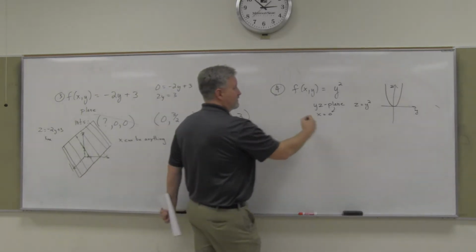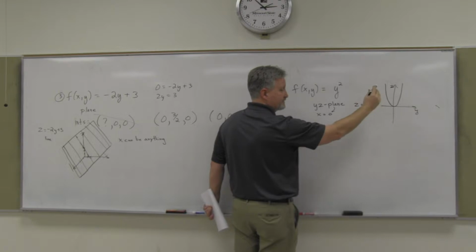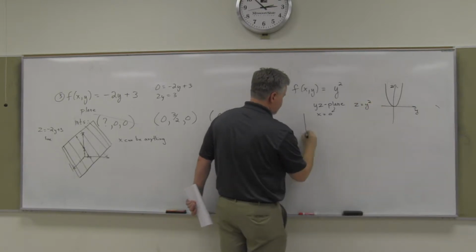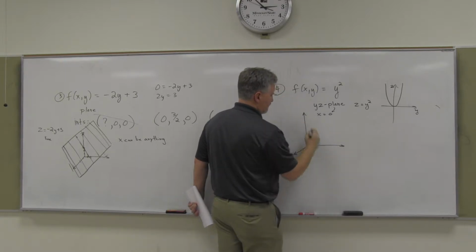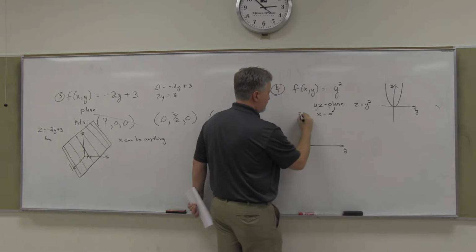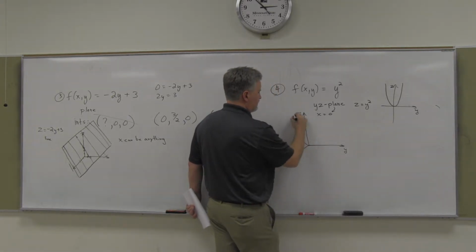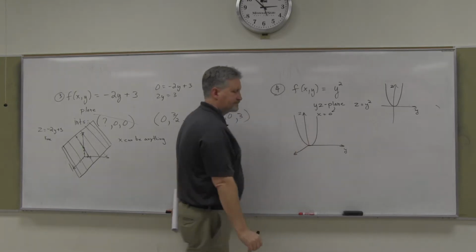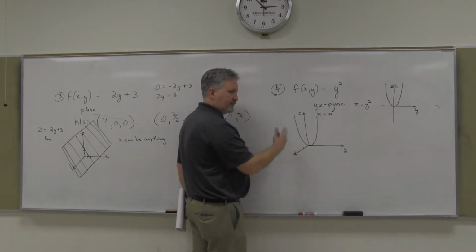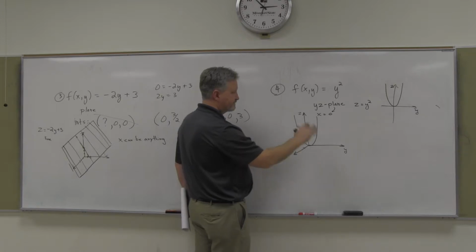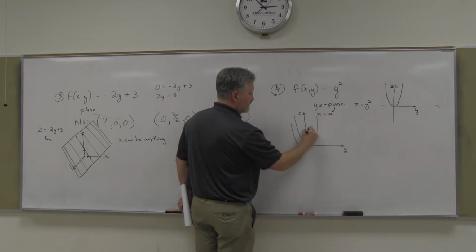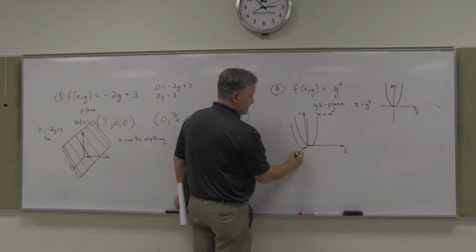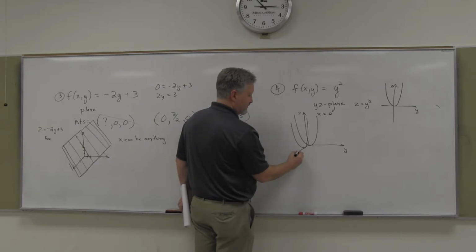And so for x equals 1, we'd also have a parabola. So let's put that together. On the yz plane, we know we've got this parabola. When x is 1, we also have a parabola there. When x equals 2, we also have a parabola, z equals y squared there.